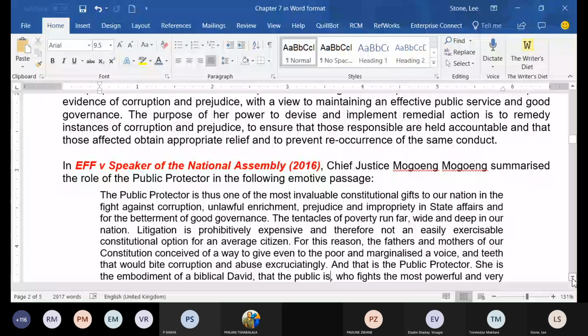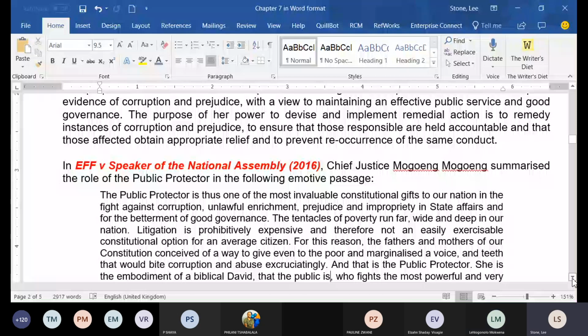For example, you are applying for a disability grant and you never receive a response.